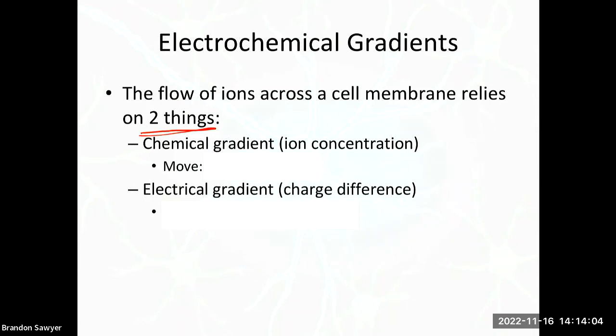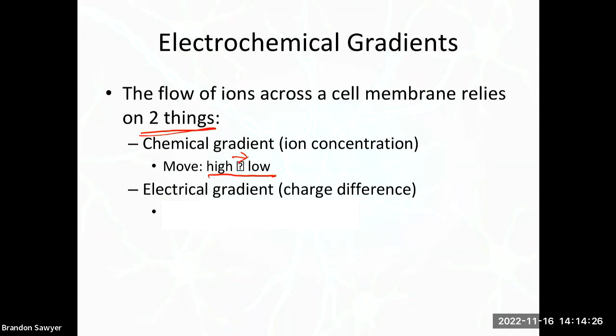This is how much of the ion we have on one side versus the other. That ion's always going to want to move from high to low. Wherever we have a lot of it, it's going to want to move towards the side where we don't have much of it. So that's the concentration piece.